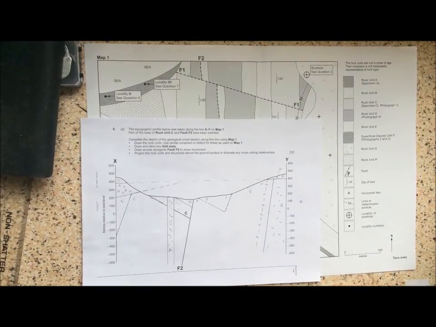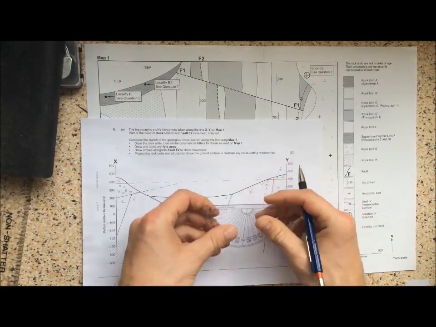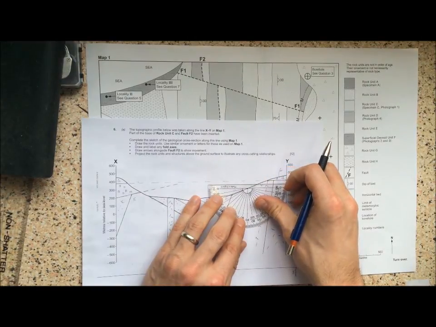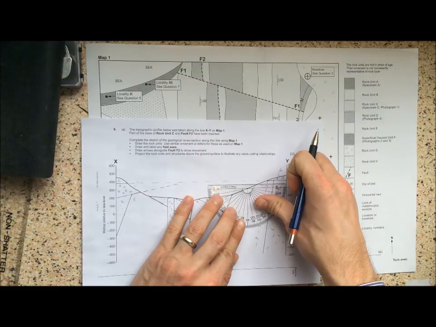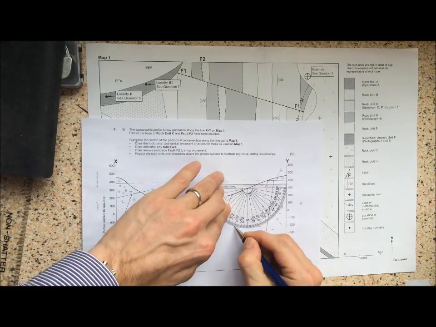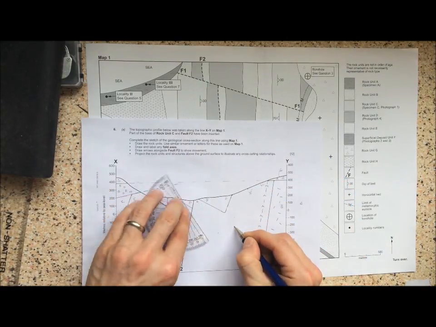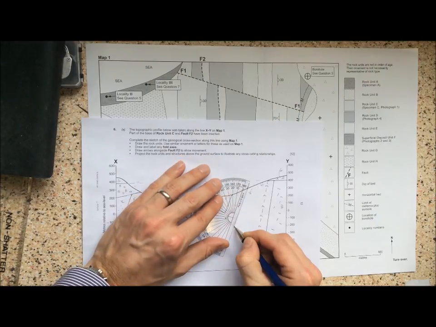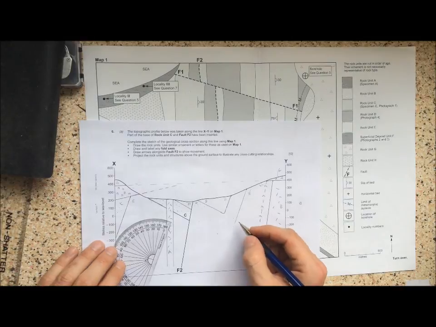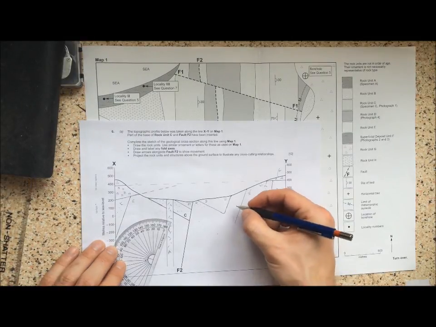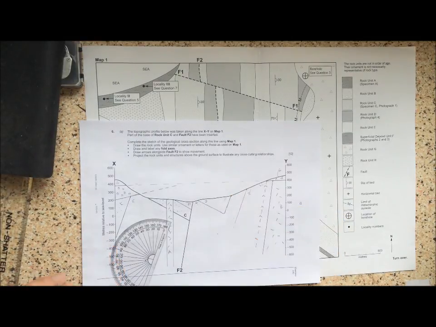So now we can bring in, we've got another anticline going on here, so we can bring in another 70 degree to the west. And I'm aware that that is going to curve round here. Obviously the axial planar trace will be through the centre there.